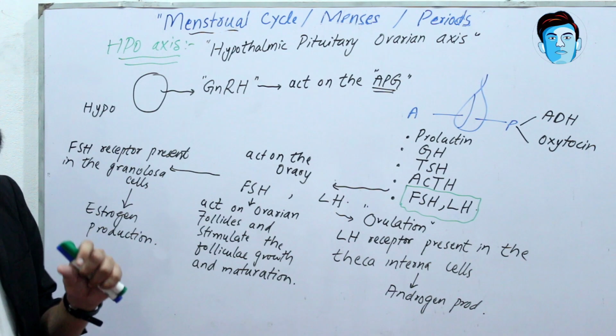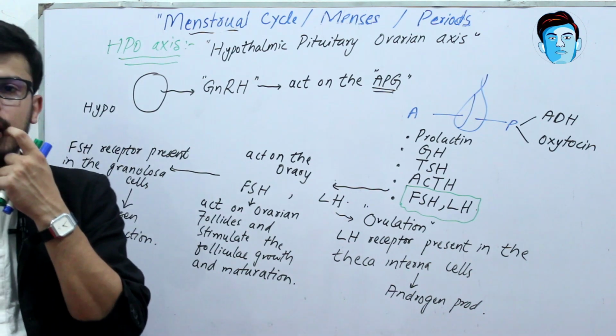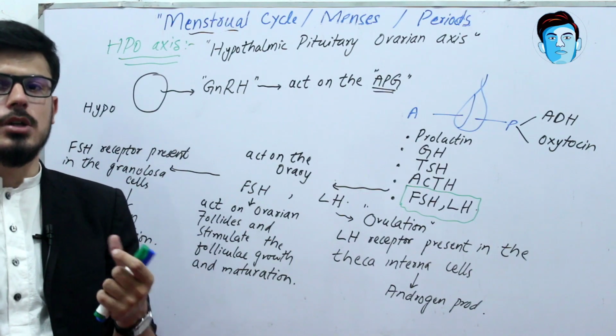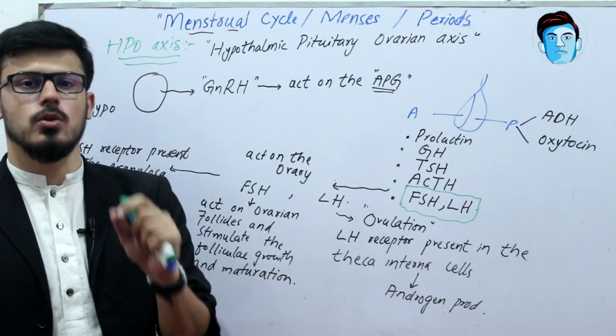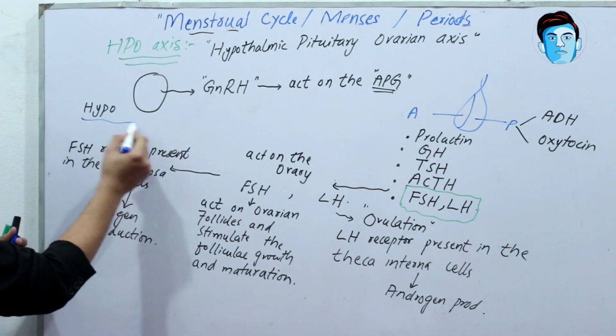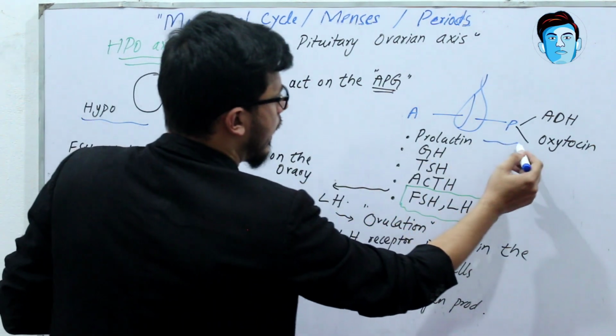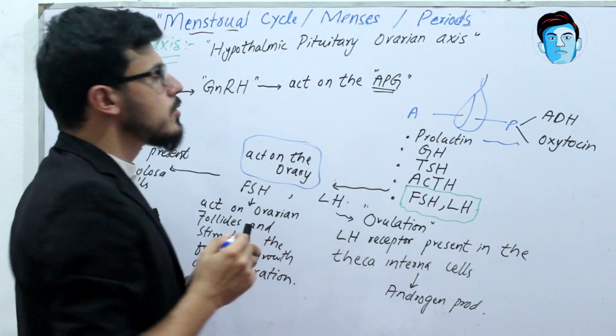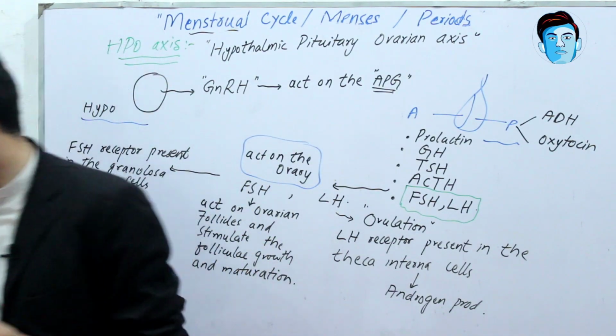So try to get this point: the HPO axis, which contains the hypothalamus, pituitary gland and ovary, is very important for the normal menstrual cycle, also called eumenorrhea, and it should be well coordinated.